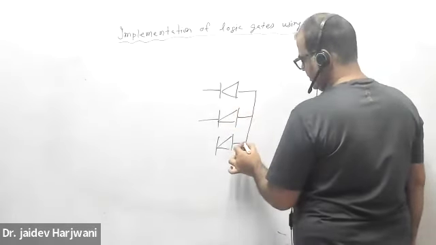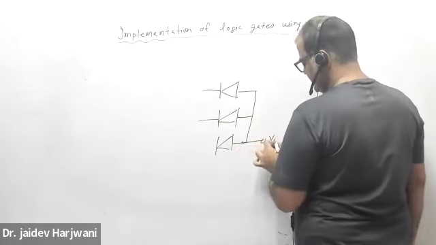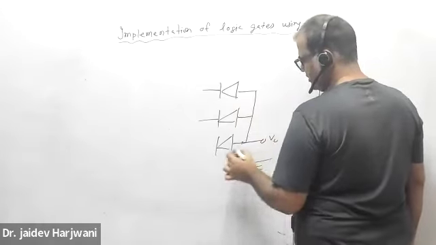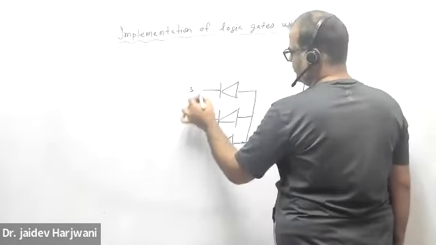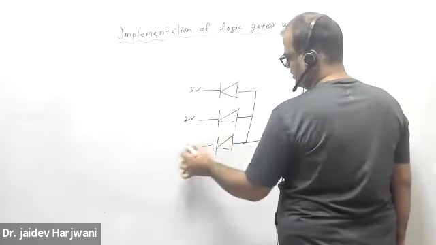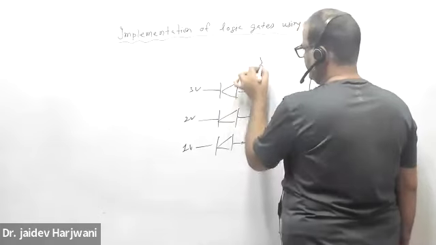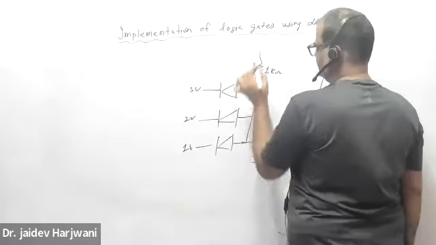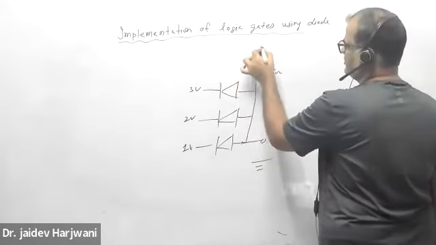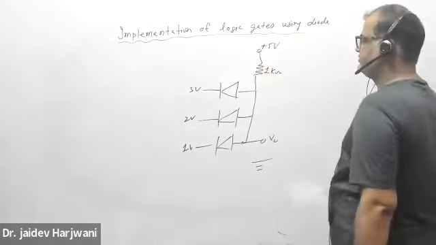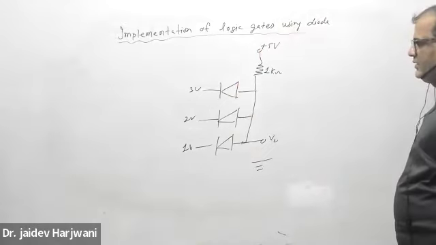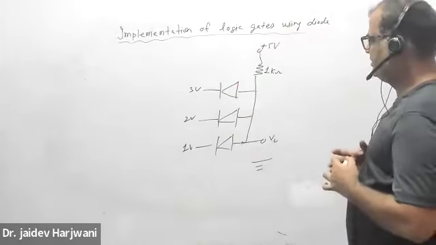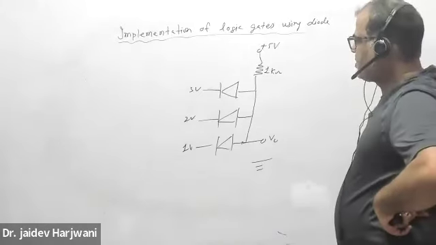I am measuring the voltage here with respect to the ground. This is say 3 volt, 2 volt, and 1 volt. Here a resistance of 1 kilo ohm, and say this is 5 volt. Okay, tell me which is conducting.